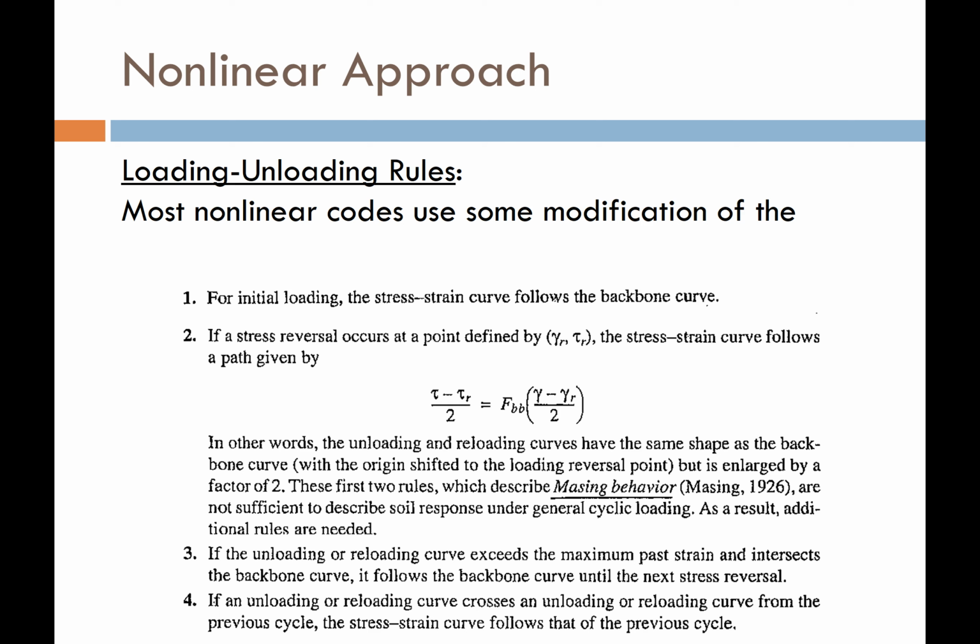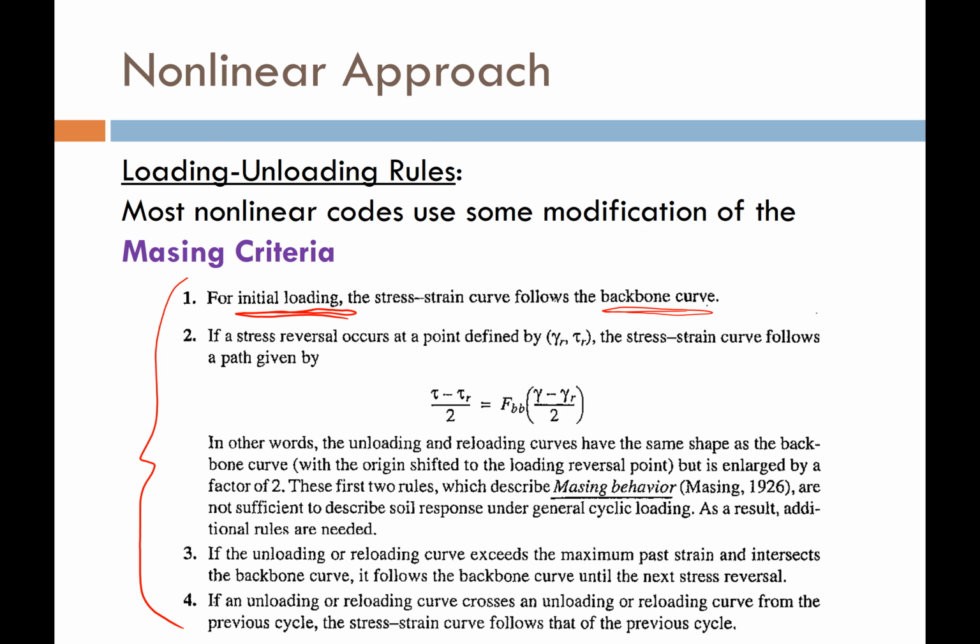So one of the most popular and most applied methods of loading and unloading rules is what we call the Masing criteria. And here are the rules that define just the basic Masing criteria. So the idea is that if we're loading something for the first time, the stress strain curve is always going to follow the backbone curve.